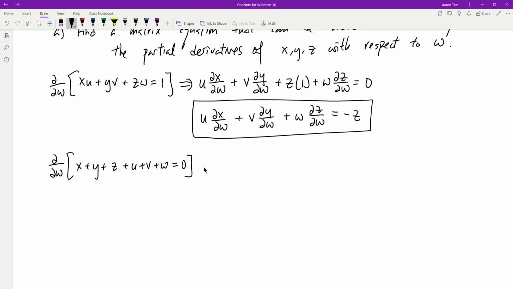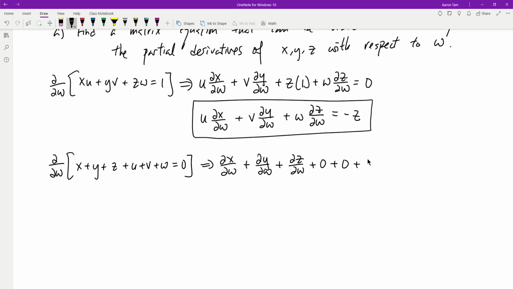So let's start. The derivative of x with respect to w would be just dx over dw, plus dy over dw, plus dz over dw. u is an independent variable, so when I take the derivative, that becomes 0. v is also an independent variable, so that also becomes 0.